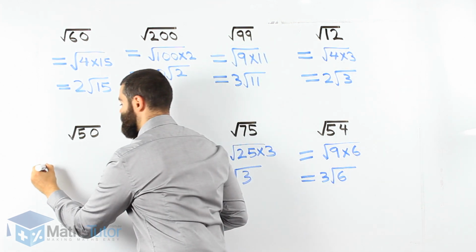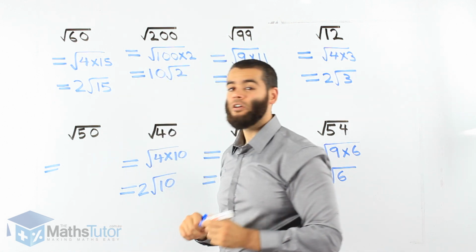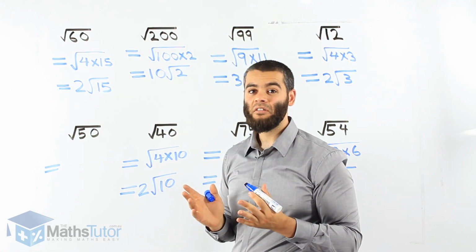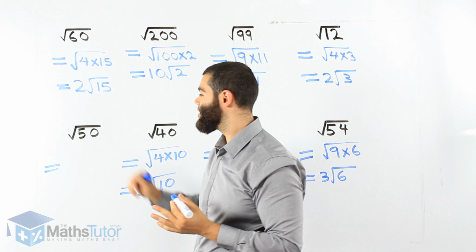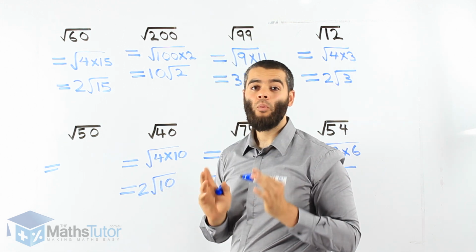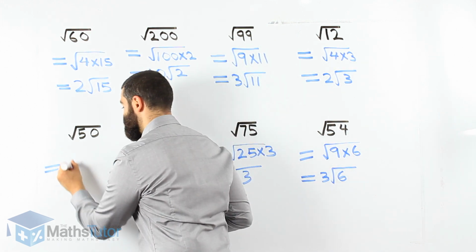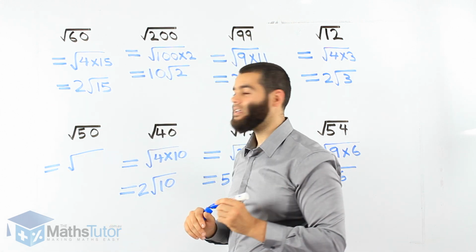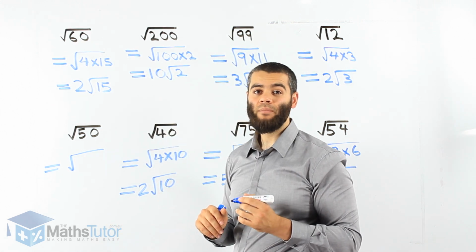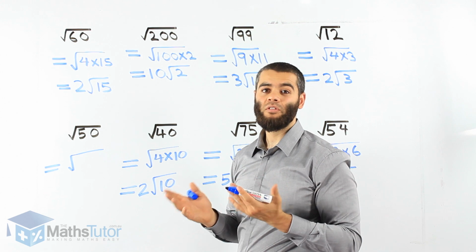Root 50. Again, what are we looking for? Two numbers that multiply to get 50. The factors of 50, one of them must square root. What two numbers multiply each other to get 50? Does 5 and 10 make 50? Yes, they do. Does 5 or 10 square root?